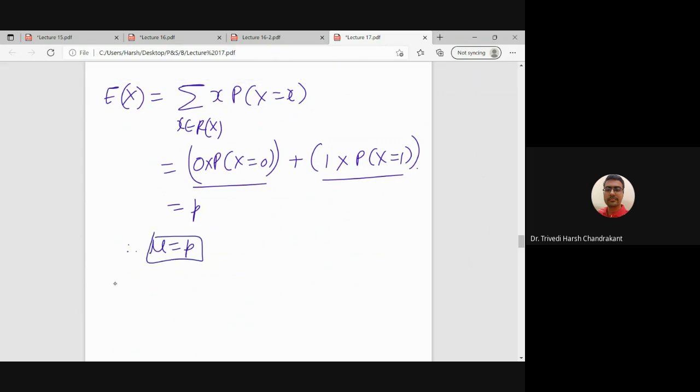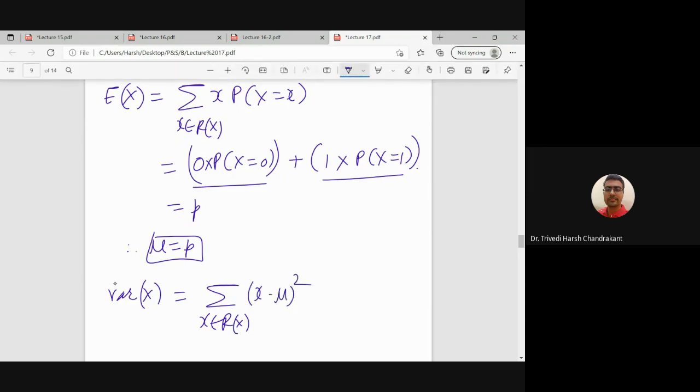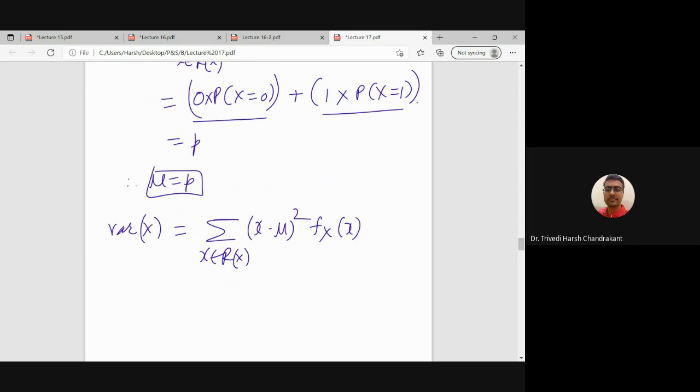So what is our variance? The variance of x is the summation over x in the range of (x minus mu) square f(x). There are only two outcomes, 0 and 1, and the mean is p.